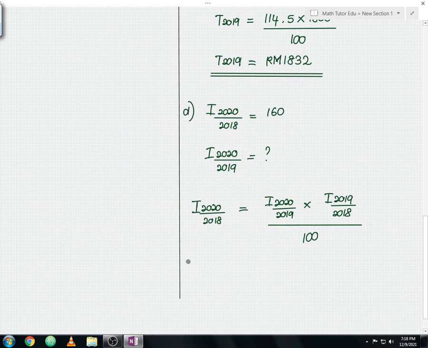So from here, this value we can substitute as 160, is equals to the price index of the year 2020 based on the year 2019, and then you times with 114.5 and you divide with 100.